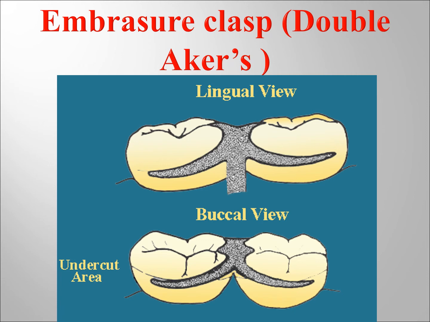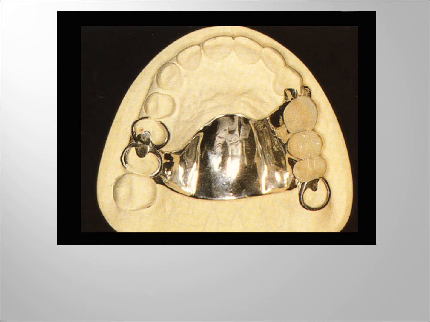Now, to accommodate this and to have it within the contours of the teeth, after you prepare the rest seats for the rests, you have to lower the margins of the tooth to create space for the retentive and reciprocal arms to go on the buccal and labial surfaces.